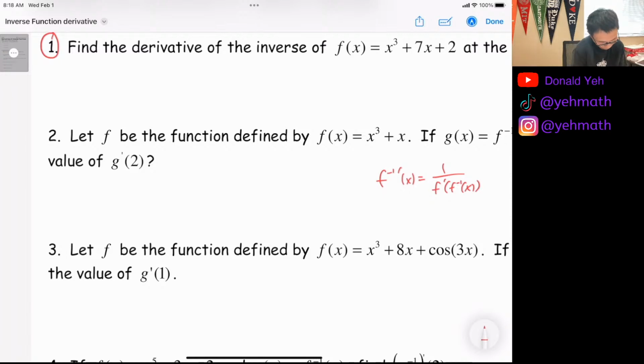Number 3. The first step. Did you guys get 3? Hurry up. So slow. What? Find the derivative. Oh, this is an interesting question. Do 1 still.